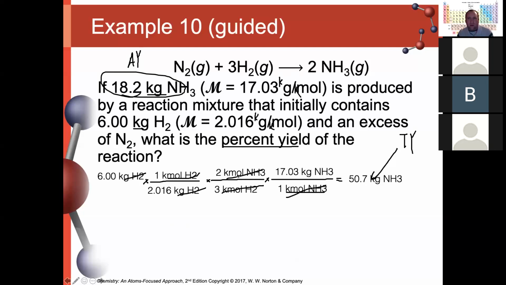So percent yield is equal to my actual yield, 18.2 kilograms, divided by my theoretical yield, 50.7, then multiplied by 100%.